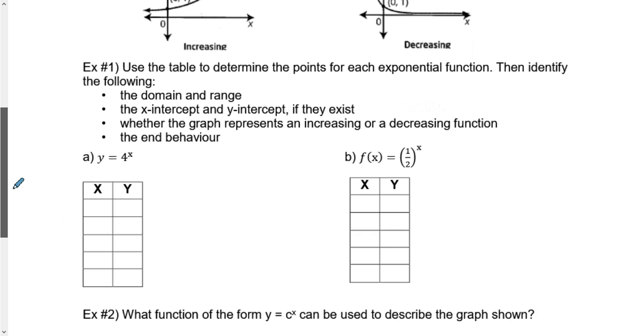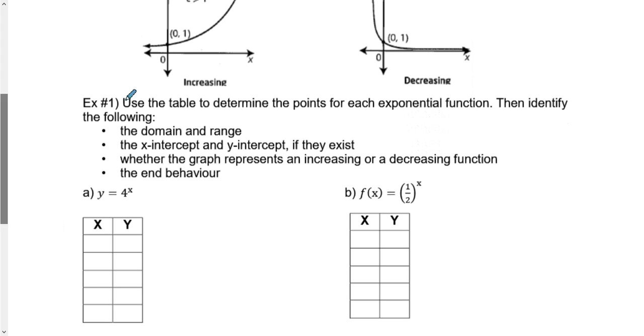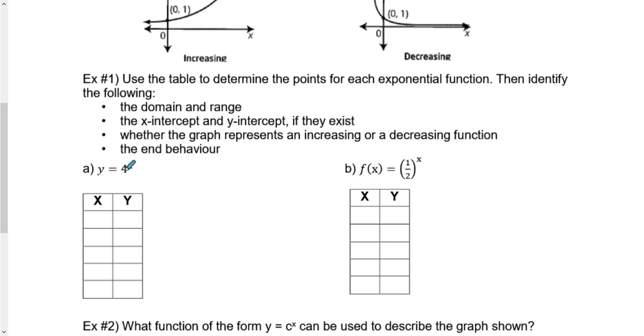So what we're going to do is we're going to tie some of our exponential rules into this, and we're going to determine some points. So we're going to determine this table. So some nice numbers to work.